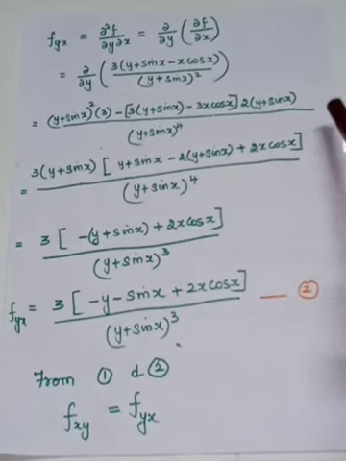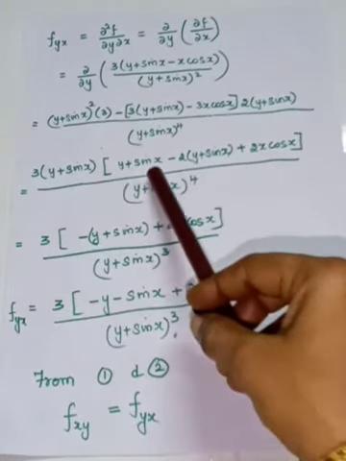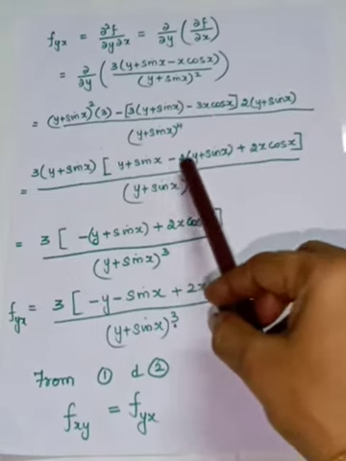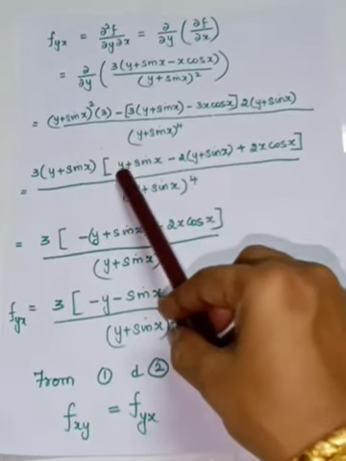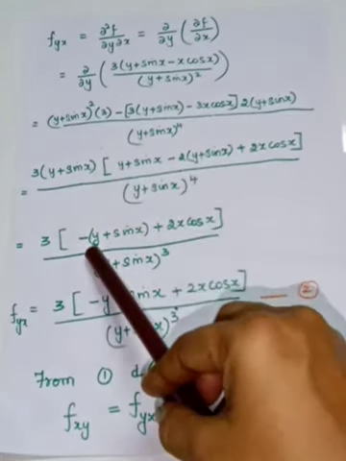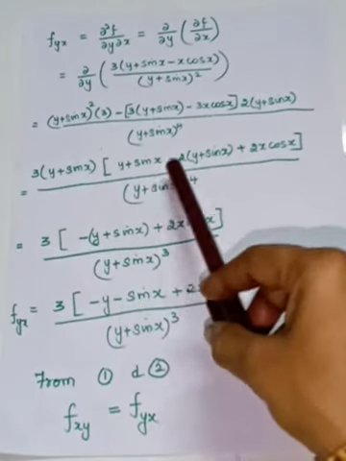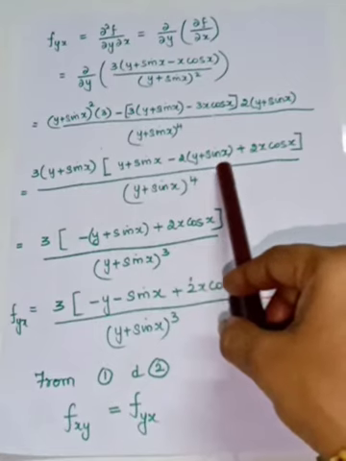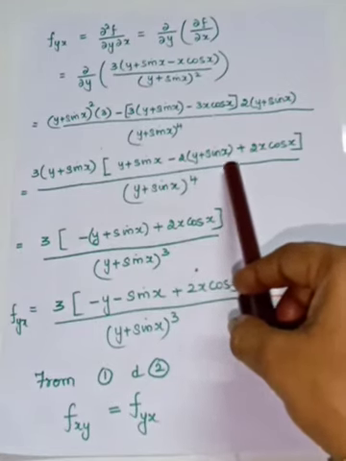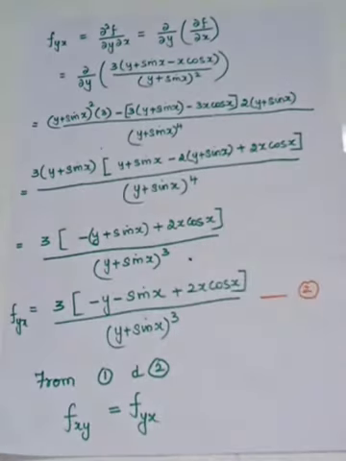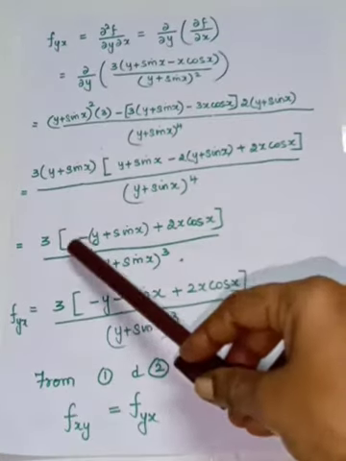So you see now this is y + sin x. When you apply minus, it is minus 2y. So y minus 2y is minus y. And sin x minus 2 sin x is minus sin x. So from these two terms, minus is there. So this minus is taken out.